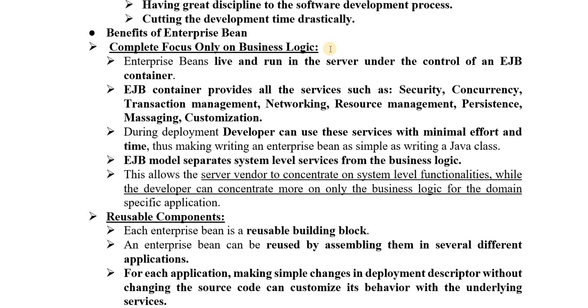So you have a server on which there is an EJB container, inside which there is an enterprise bean. Now this container takes care of lots of services, whether it is security, transaction management, concurrency, networking, resource management, persistence, messaging, or even customization.